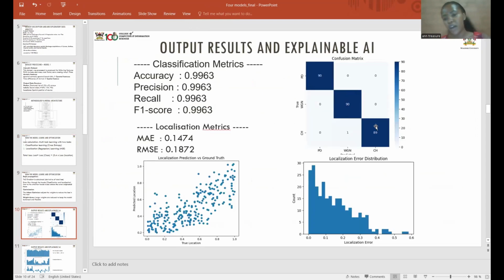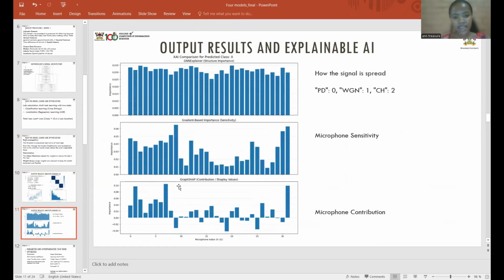And then we have the confusion matrix, and then we have the localization error, whereby we have a higher count of the errors going to a lower value. And then we have the true location, where we have a linear relationship, which shows that the model really learns the location or the location relationships. And then we have the output results and explainable AI, whereby we see how the signal is spread. The signal was spread evenly across the different nodes or different channels, and just the microphone sensitivity, whereby we have different channels having different sensitivity to a signal.